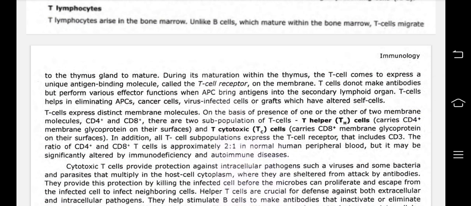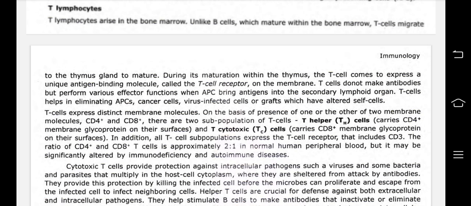T cells express distinct membrane molecules on the basis of the presence of one or the other of two membrane molecules, CD4 plus and CD8 plus. There are two subpopulations of T cells. T helper cells carry CD4 plus membrane glycoprotein on their surfaces, and T cytotoxic cells carry CD8 membrane glycoprotein on their surfaces.